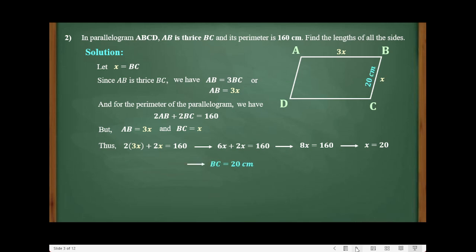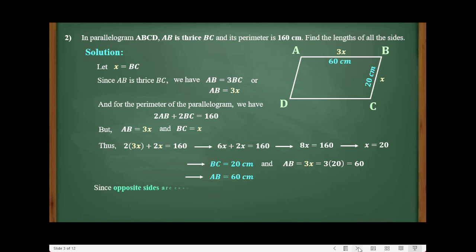Then, from this obtained value of x, we can now compute the length of each of these four sides. Segment BC is equal to 20 centimeters. For AB, using 3x, 3 times the obtained value of x, which is 20, gives 3 times 20 equals 60. Therefore, AB is 60 centimeters.